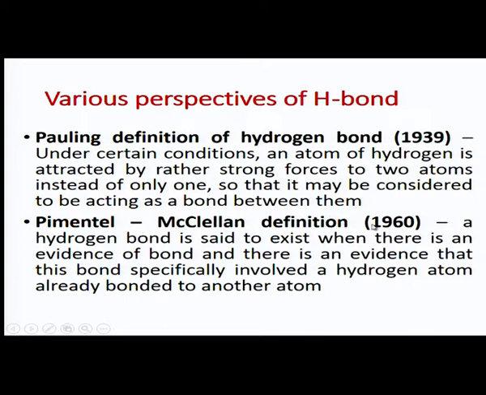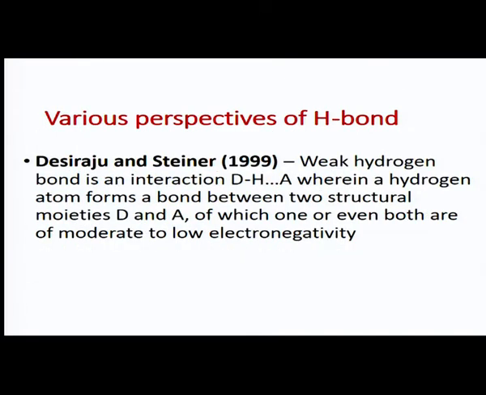In 1960, Pimentel and McClellan defined it thus: a hydrogen bond is said to exist when there is evidence of a bond, and there is evidence that this bond specifically involves a hydrogen atom already bonded to another atom. Both the definitions are perfect.